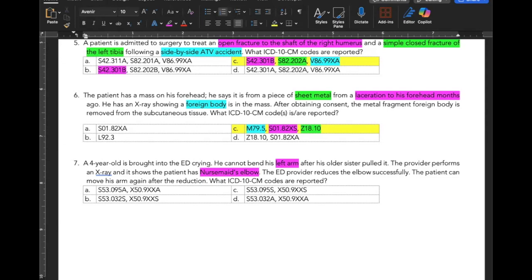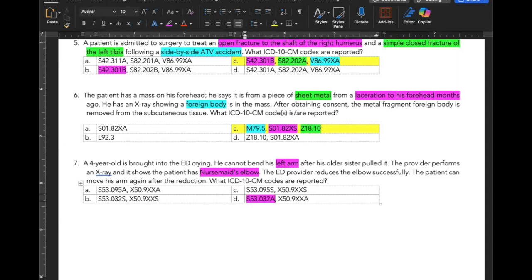A. Yep. S53.032A. Okay. So now we've got to go do our external cause.